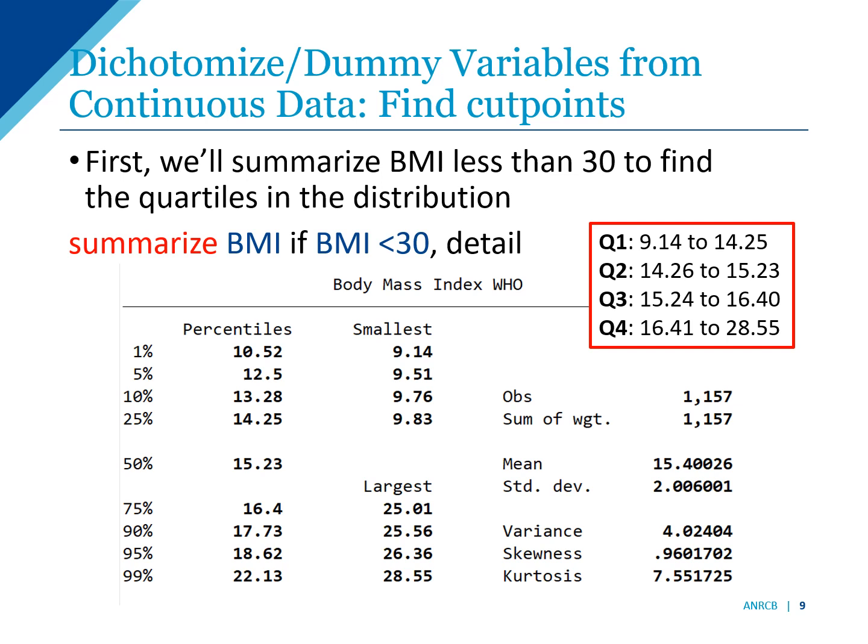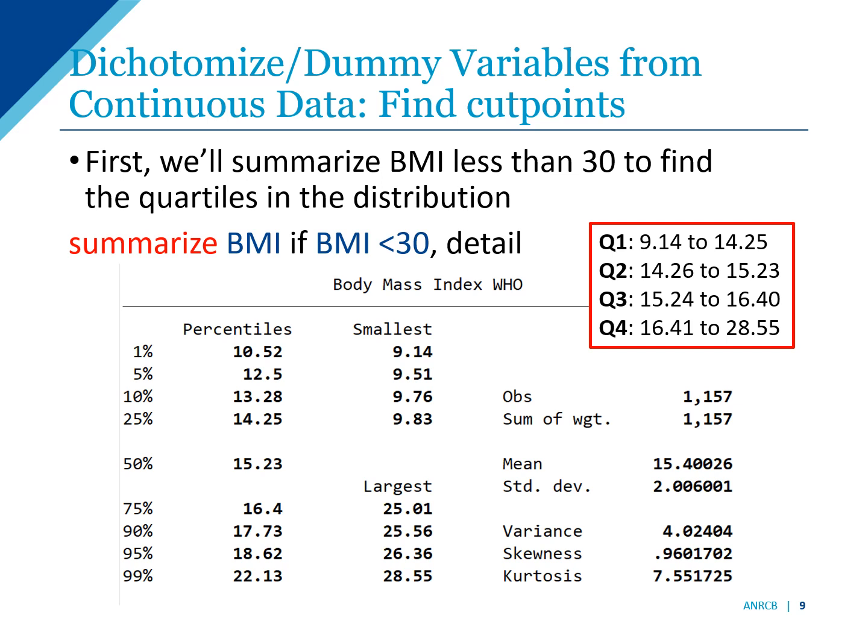Here we see that our smallest value is 9.14, so our first quartile contains BMI from the smallest value of 9.14 to 14.25, which is the 25th percentile value. The next quartile is from 14.26 to 15.23, our 50th percentile value.